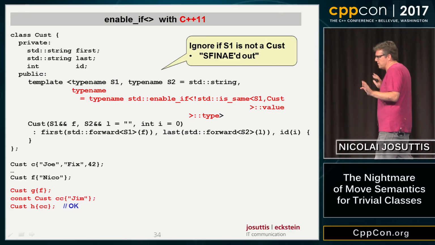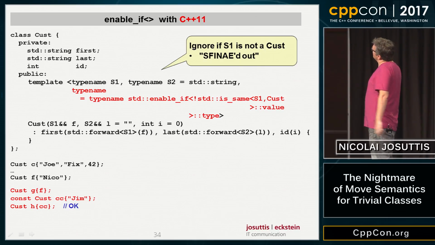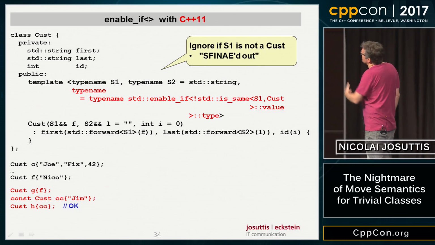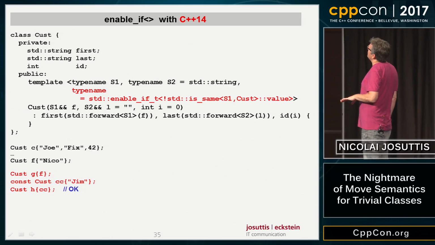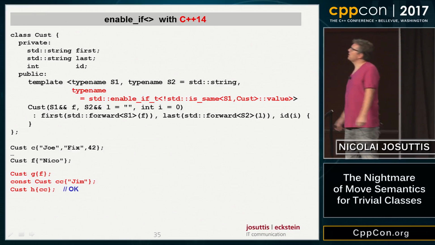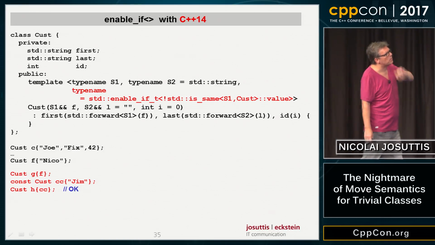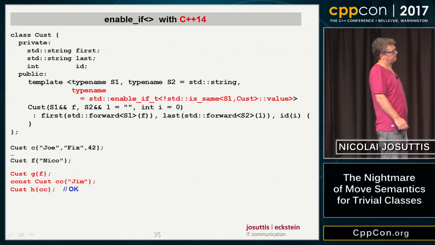The third template argument is only there to introduce this check, and it yields a type. And because it yields a type, we need typename before std::enable_if. So in C++14, we introduced something like enable_if_t so that we can skip both the leading typename in front of std::enable_if and the trailing ::type.